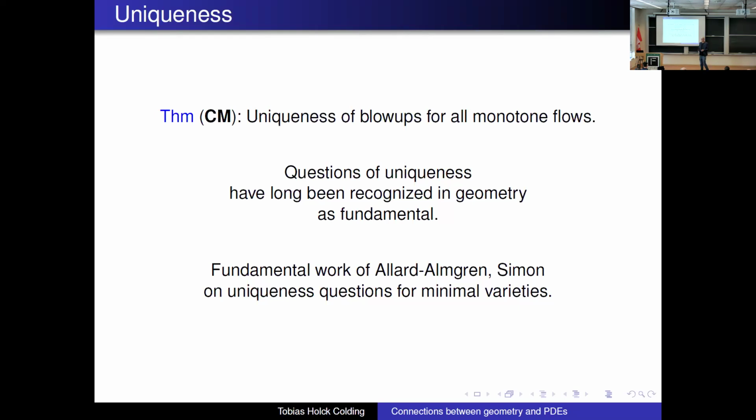And so this gives you, I'm just running out of time, this gives you a second order Taylor expansion at all sufficiently small scales. Questions about uniqueness of blowup have long been recognized as being fundamental in geometry. There's important work in the early 80s by Allard and Almgren for minimal varieties.